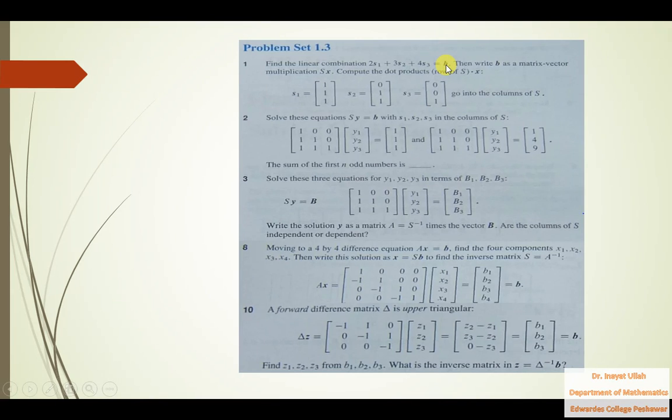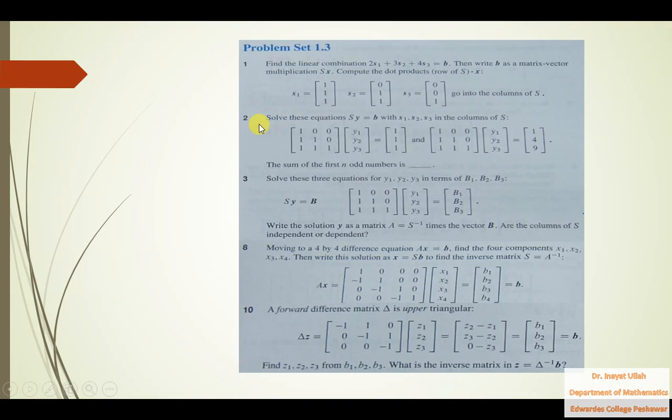Second, write b as a matrix-vector multiplication Sx. Find S, where S contains all those columns, multiplied by x, which is the column vector 2, 3, 4, equal to b, where b can be written as b1, b2, b3.